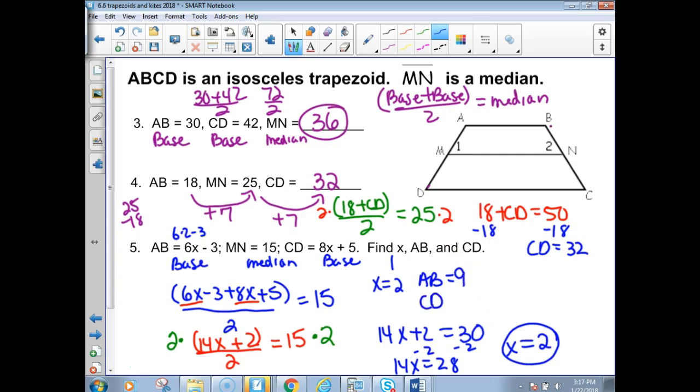And CD, 8 times 2 plus 5 would be 16 plus 5, and that's 21. Oof, a lot of work. Okay, so you'd have 3 answers: 2 for x, AB is 9, CD is 21. My D's are looking like O's or something.